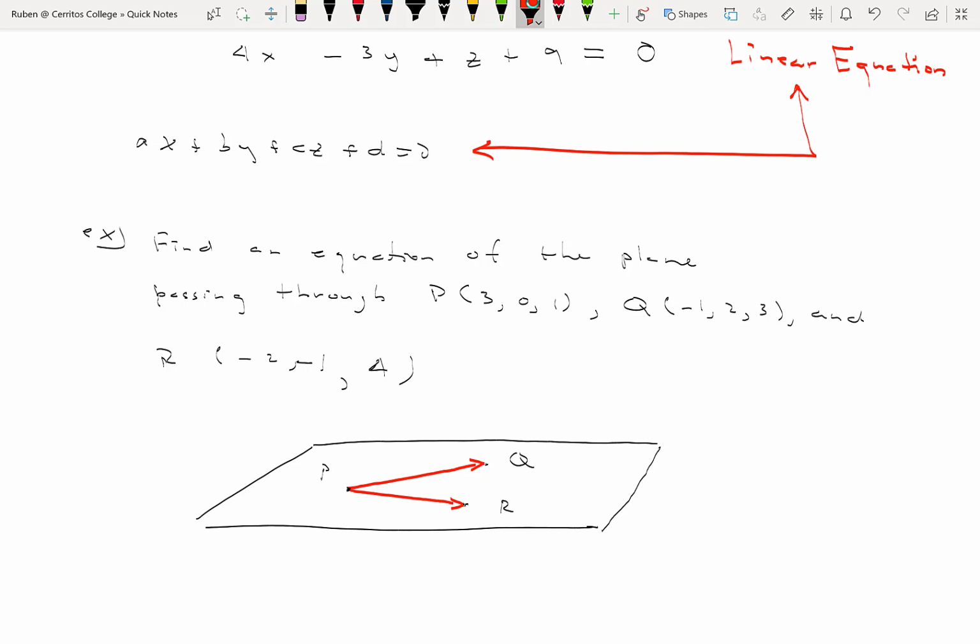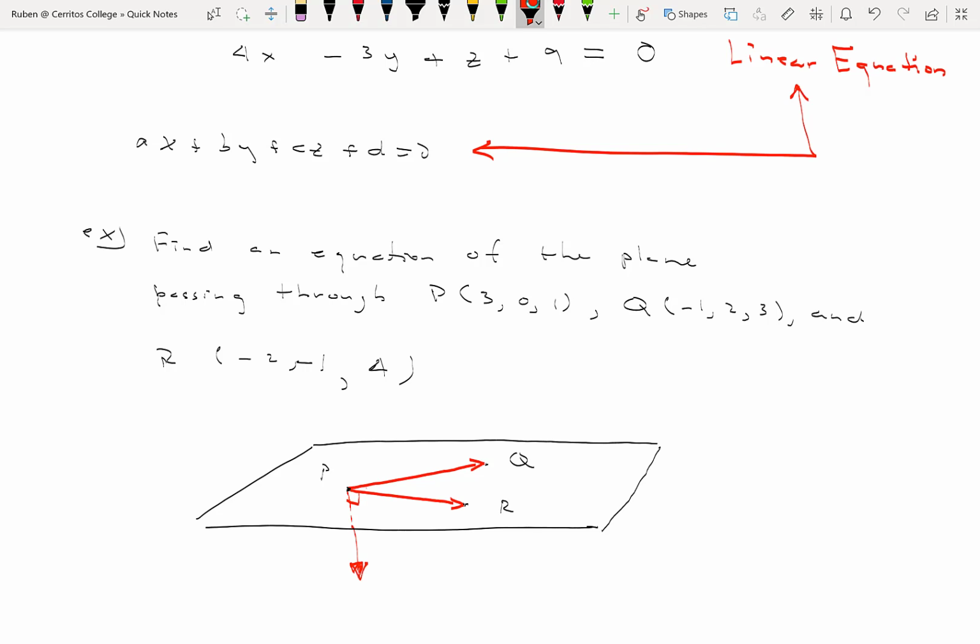Now, here's the question. How can I find a vector perpendicular to both PQ and PR? And the answer is, if you didn't think of it, just take the cross product. Take PQ cross PR or PR cross PQ, makes no difference. If I take PQ cross PR, I'm going to get a vector that, according to my drawing, will have to point downward, because of the right-hand rule.